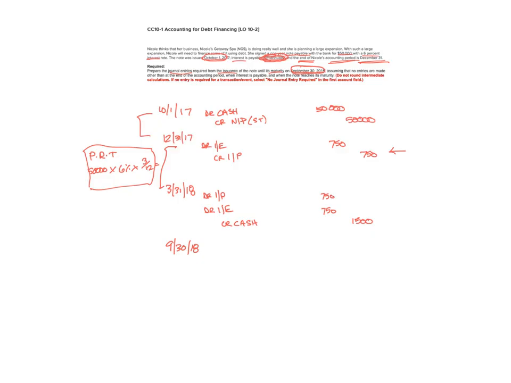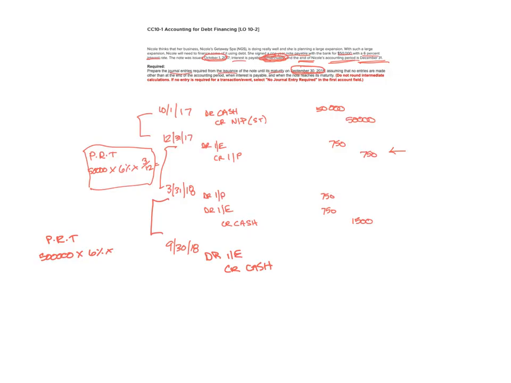So our journal entry for 9/30, the first one, is where we'll take care of interest. So we're going to debit interest expense, and we'll credit cash directly. We don't need to credit interest payable because we're not paying it later. If we're paying it at this point, then we can go ahead and credit cash immediately. Our calculation is going to be principal times rate times time, 50,000 times 6% times the time that has passed from here to here.